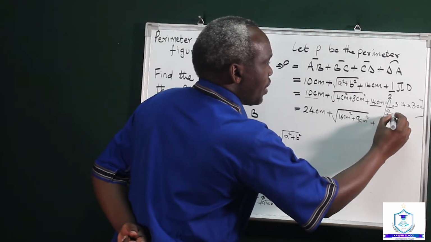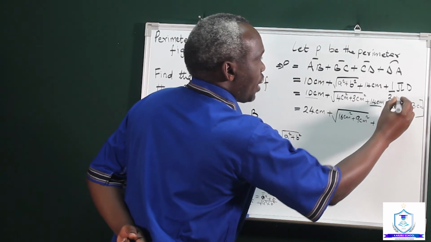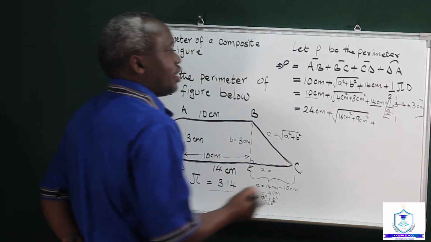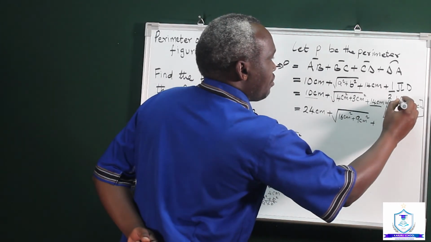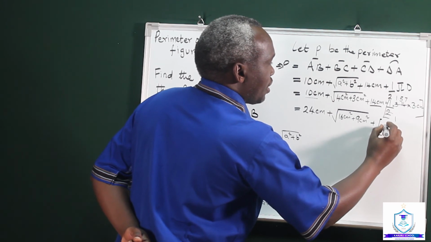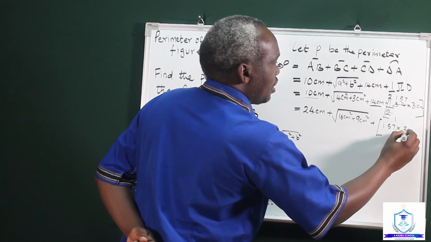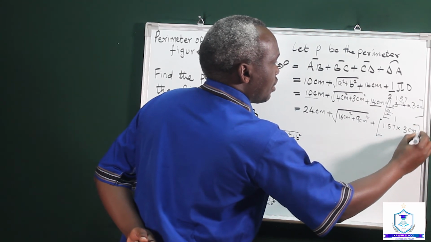Half of 3.14 is 1.57, so we need to simplify 1.57 times 3 centimeters.